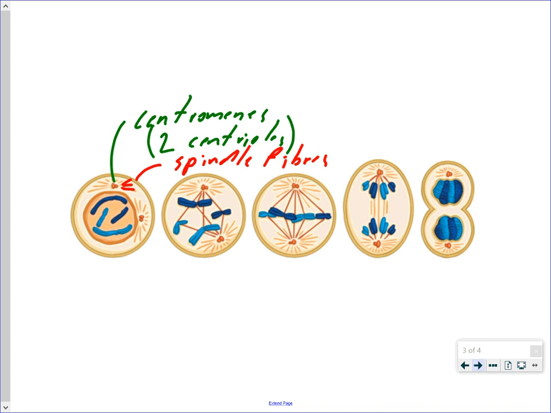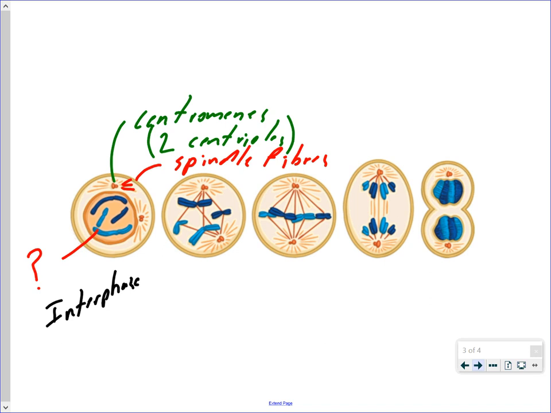So for our first cell here, the nuclear membrane hasn't disappeared, we don't really have the centrioles or the centromeres or the spindle fibers that fully developed, and again, it's kind of questionable as to whether the chromosomes really are condensed. So this one here, I'm going to call an interphase cell.